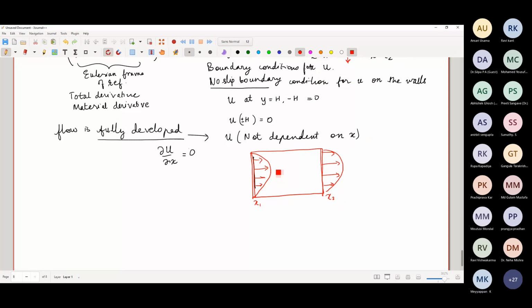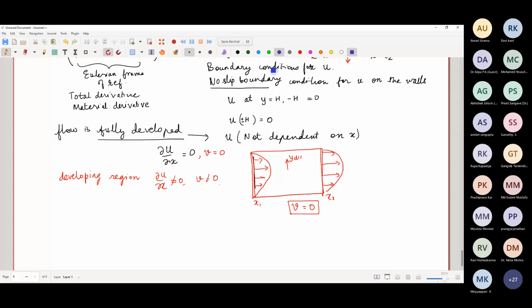So throughout the channel, the v velocity, the velocity component in the y direction, will be 0. It is not 0 in the developing region. In the developing region, del u del x is not equal to 0, and v is also not equal to 0. But in the fully developed region, del u del x is 0 and v is also 0.